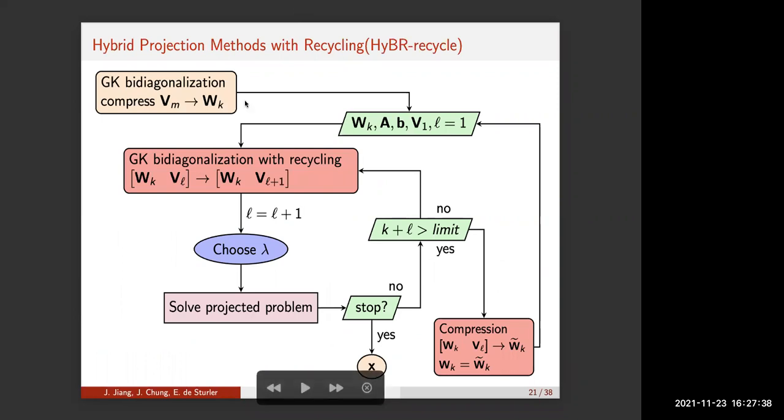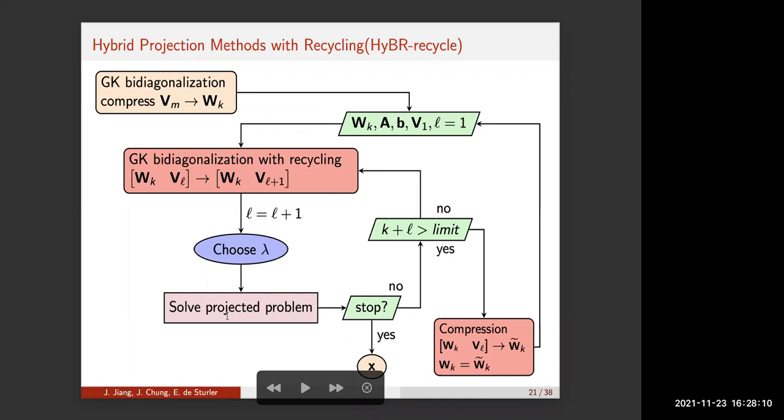So the whole process of the hybrid projection method with recycling is: we run the original hybrid method at first, and when the matrix VM reaches the storage limit, we compress it to WK. Then, based on WK, we run our modified Golub-Kahn bidiagonalization process to keep augmenting our solution space.